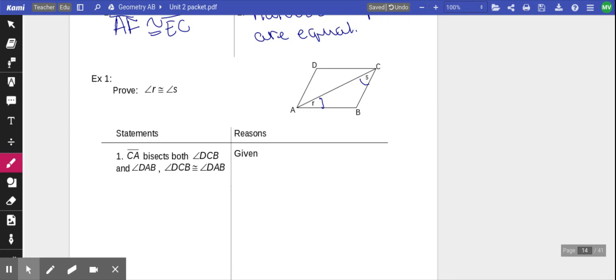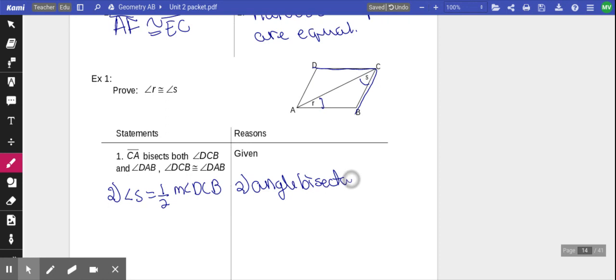Well, if CA bisects DCB, that means that angle S is equal to half of the measure of angle DCB, because angle bisector cuts an angle in half.